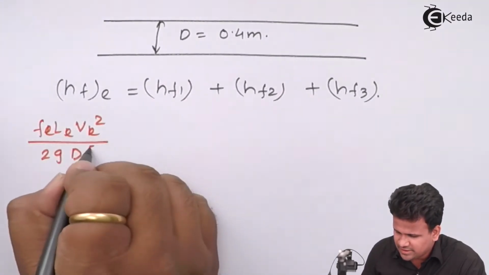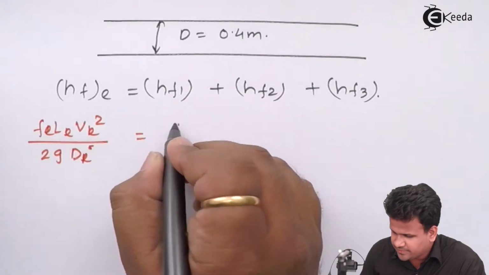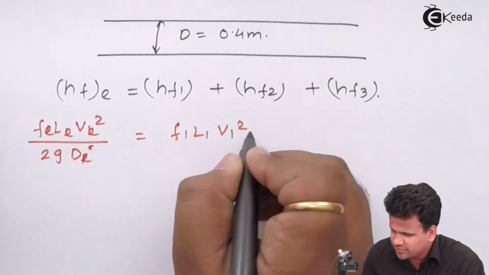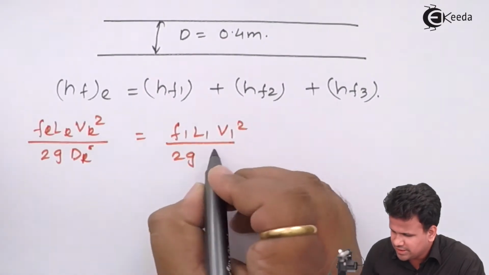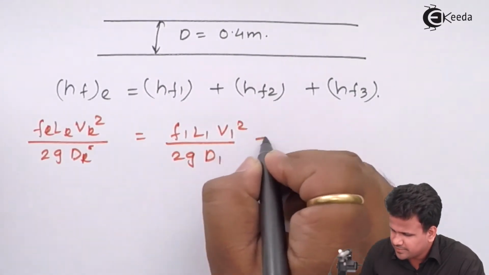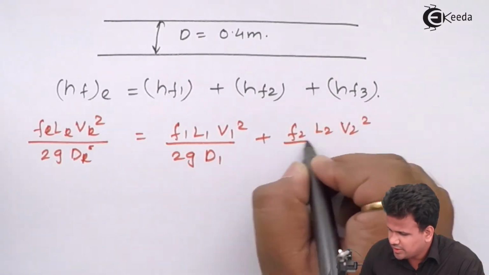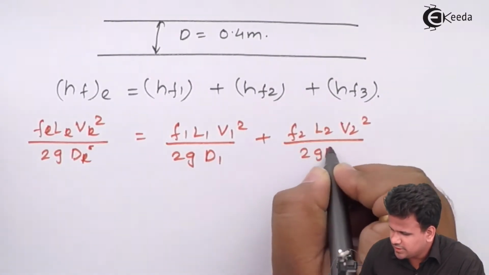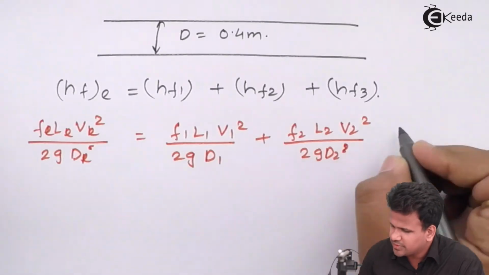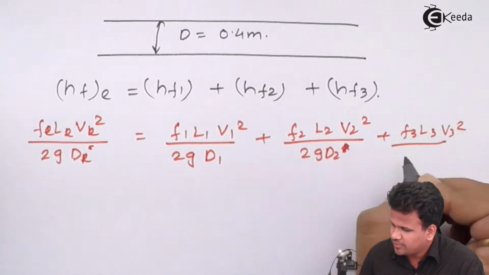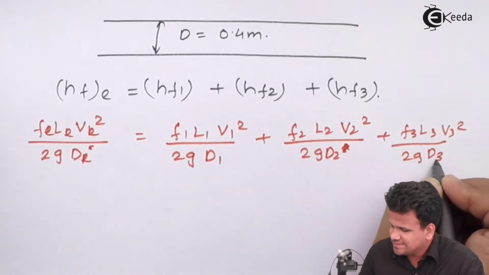On the left hand side, with the equivalent diameter D, this will be f L V squared upon 2g D, equal to f1 L1 V1 squared upon 2g D1, plus f2 L2 V2 squared upon 2g D2, plus f3 L3 V3 squared upon 2g D3.